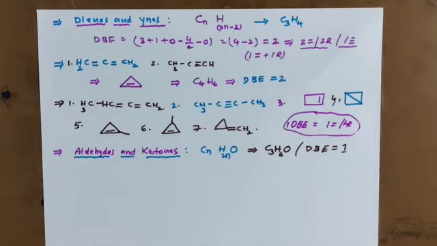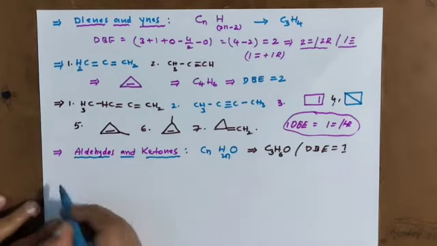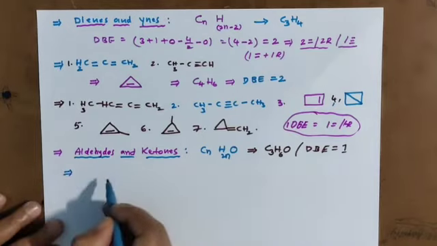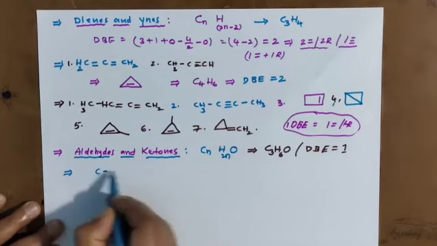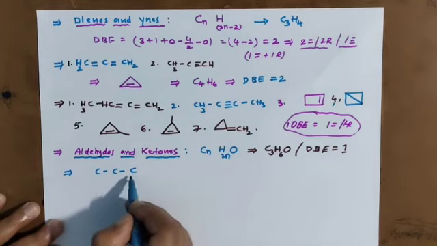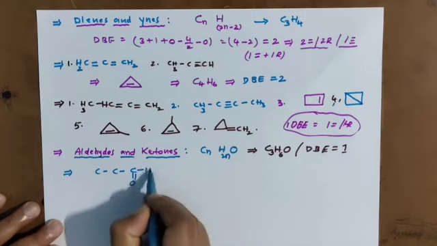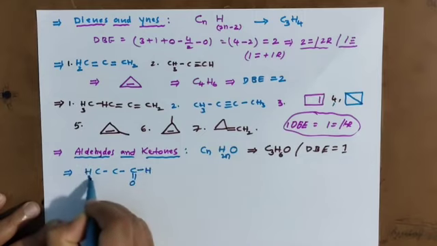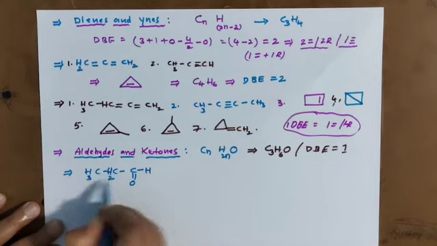Let me draw the double bond and ring. I am taking here 3 carbons: 1, 2, 3. Am I right? Aldehyde, no? Aldehyde means C double bond O, H, and this is CH3 and this is CH2.